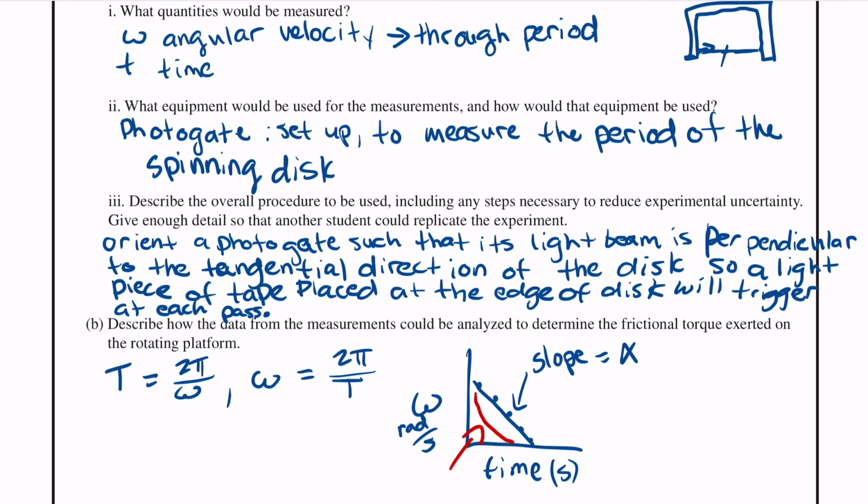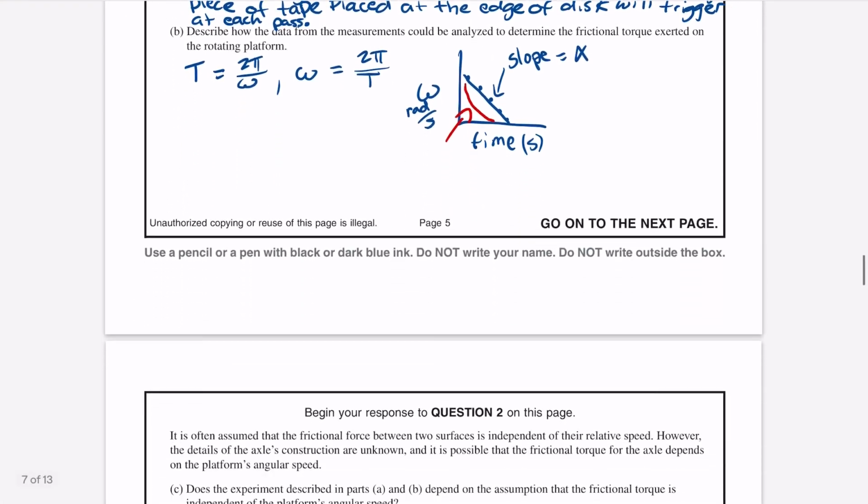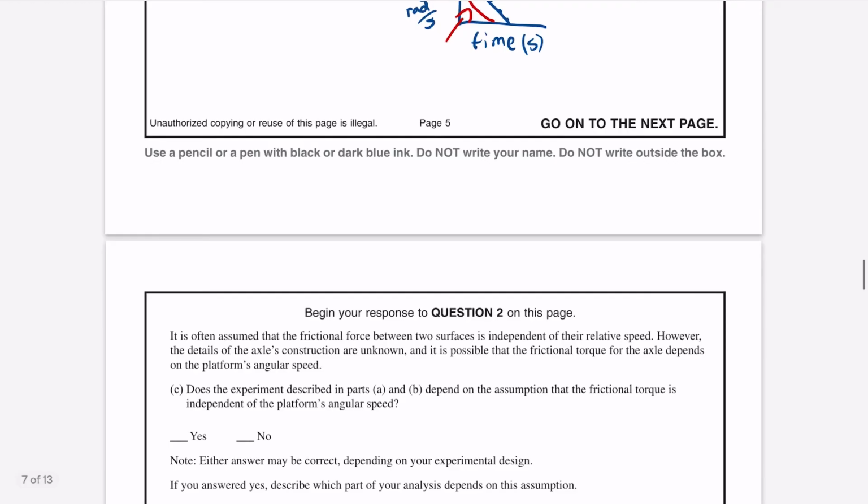All right, but it's still very useful because we can take the slope of any tangent to this curve as the angular acceleration at that point. So we can still find the frictional torque at each point. So I really like this design, and based off of that same argument, this allows us to say that no, our experiment does not depend on the assumption that frictional torque is independent of the platform's angular speed.